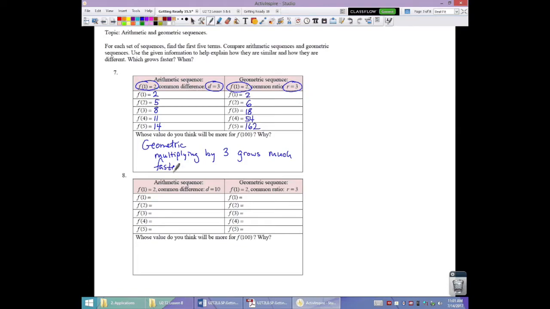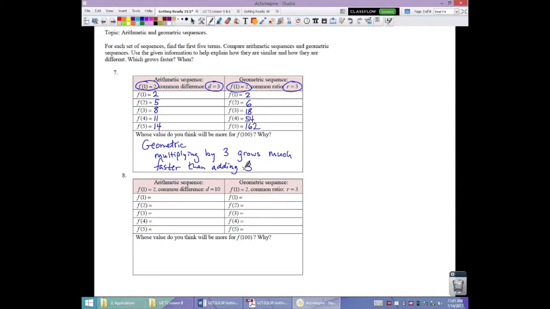Now that would be true no matter what the common ratio was, as long as it was above 1. Okay? It's exponential compared to a linear function.